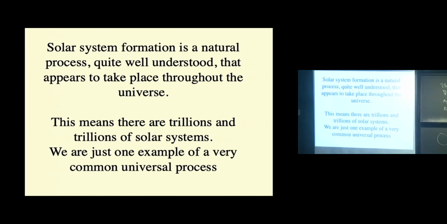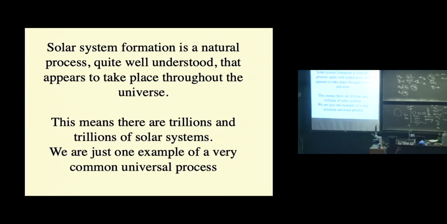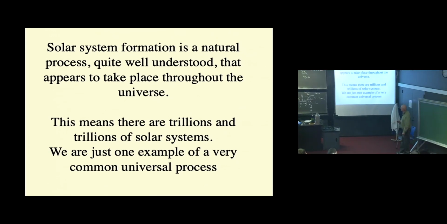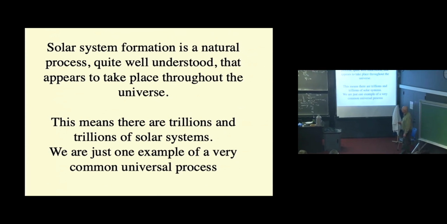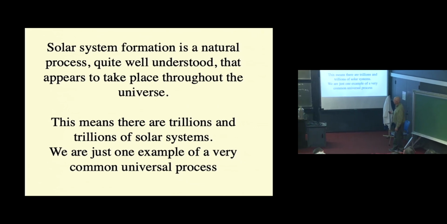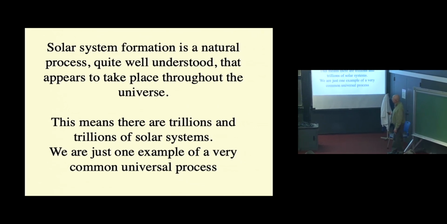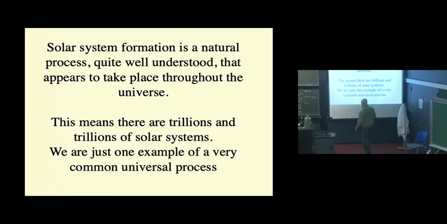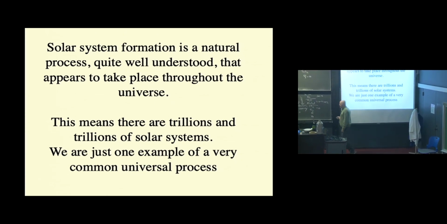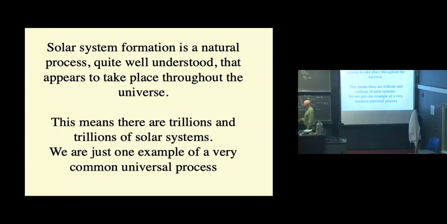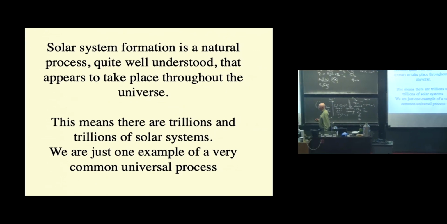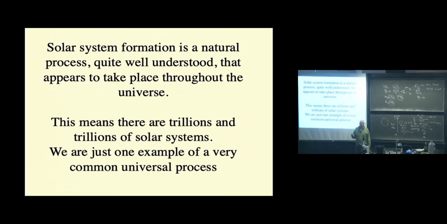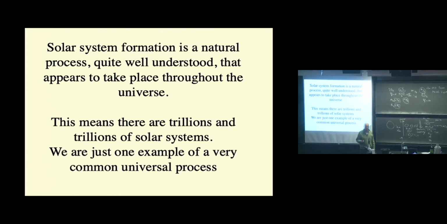We're beginning to model it pretty well, and that's giving us more information about how solar systems might actually form. And so when you do the statistics on it and you take this understanding, it means that there are trillions and trillions of solar systems within the universe, billions and billions of solar systems within our own Milky Way galaxy. And we're just one example of this very common universal process.